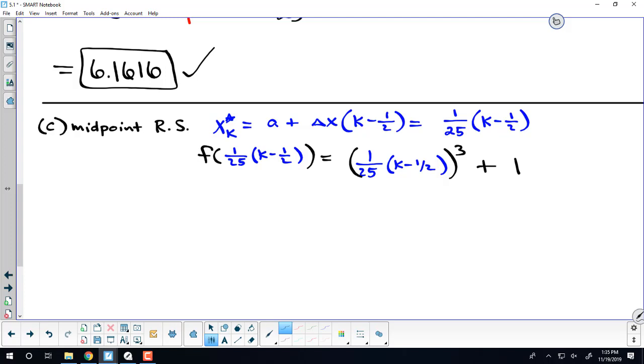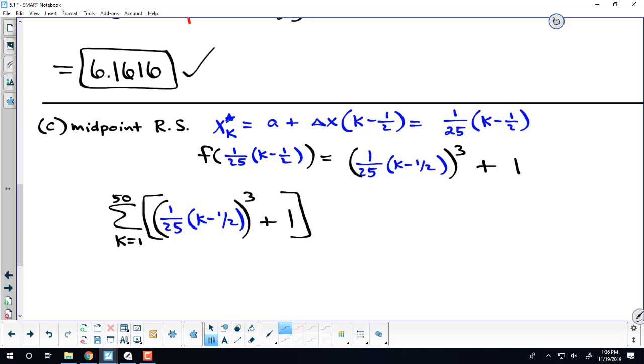That's the expression that has to stay out in front of the summation. So the Riemann sum is the sum from 1 to 50 of all of that stuff, cubed plus 1. So we have to sum all of this up. So there's the sum of f of x star, and we need to multiply all of it by delta x.